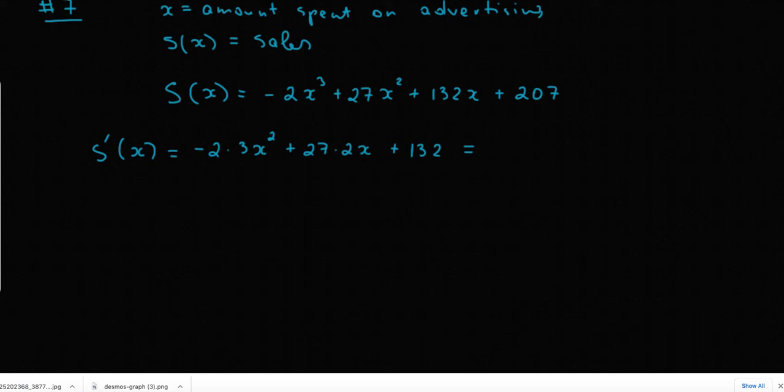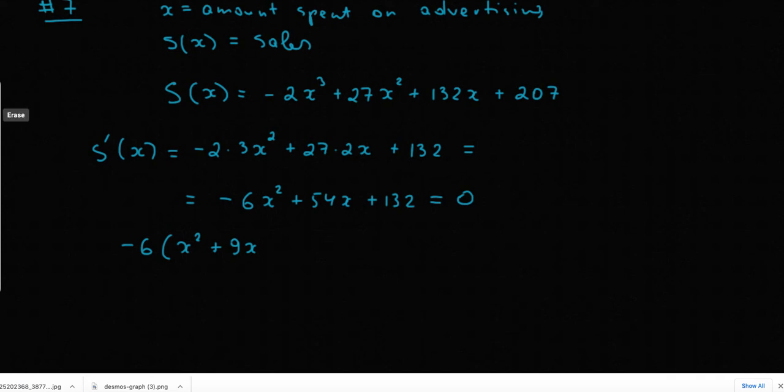Let's simplify this a little bit. We get -6x squared plus 54x plus 132, and let's set this equal to 0. And now to solve for x, factor the left hand side of this equation. So first of all, we can factor out -6 to get -6 times, in parentheses, x squared plus 9x.